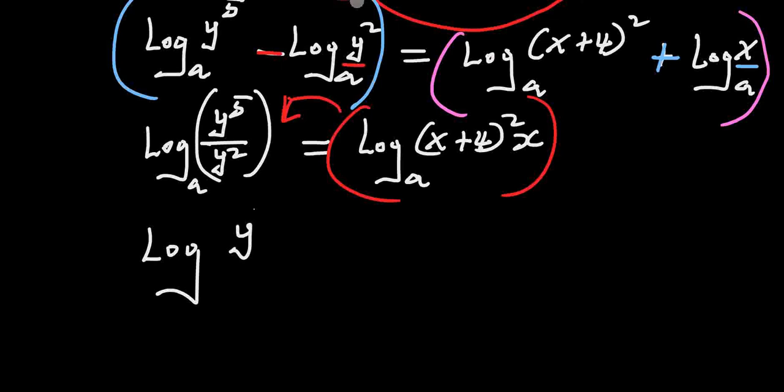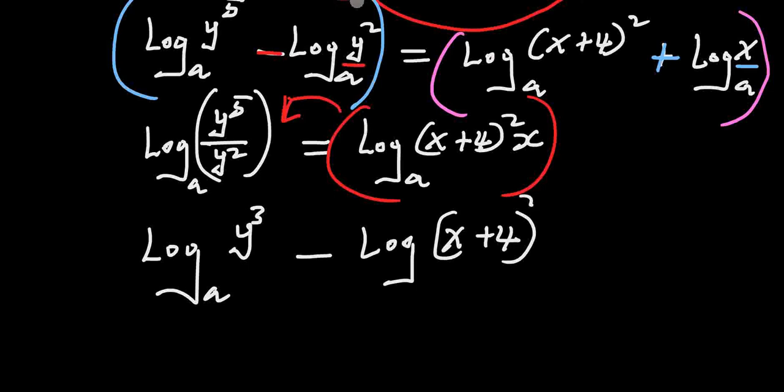So this is now y to the third power to base a minus log (x plus 4) squared times x to base a equal to 0. Because when you switch this over to this side, it becomes 0. Or in other words, you can simply subtract it from both sides. Whichever way is still the same. So that gives us log y cubed to base a minus log (x plus 4) squared times x to base a equal to 0.